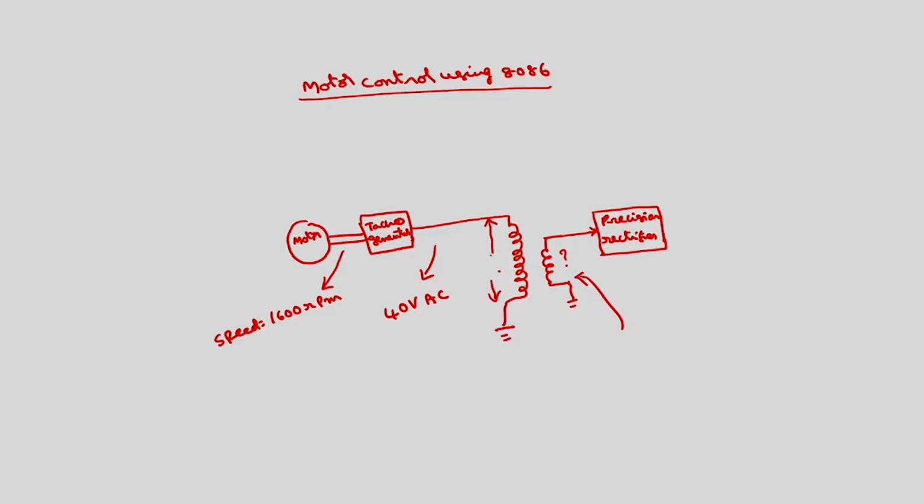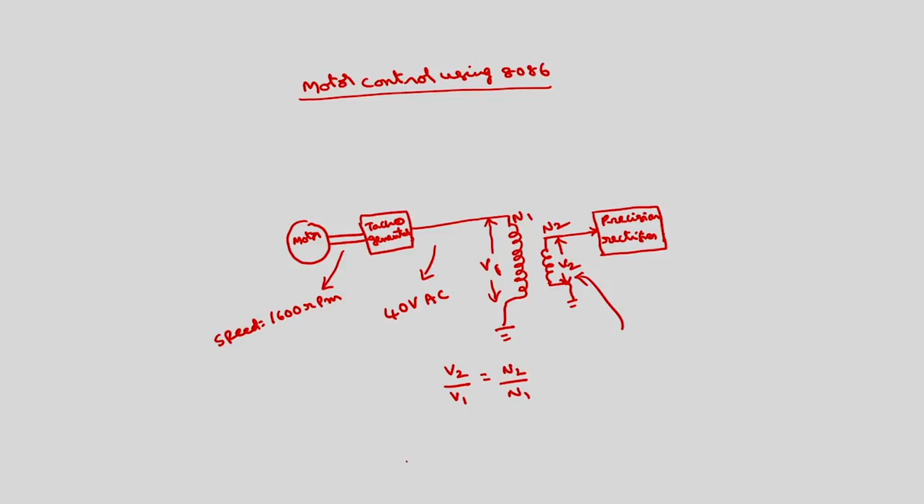In general, if I call this V1 and this V2, and the number of turns here are N1 and the number of turns here are N2, then V2 by V1 is equal to N2 by N1.